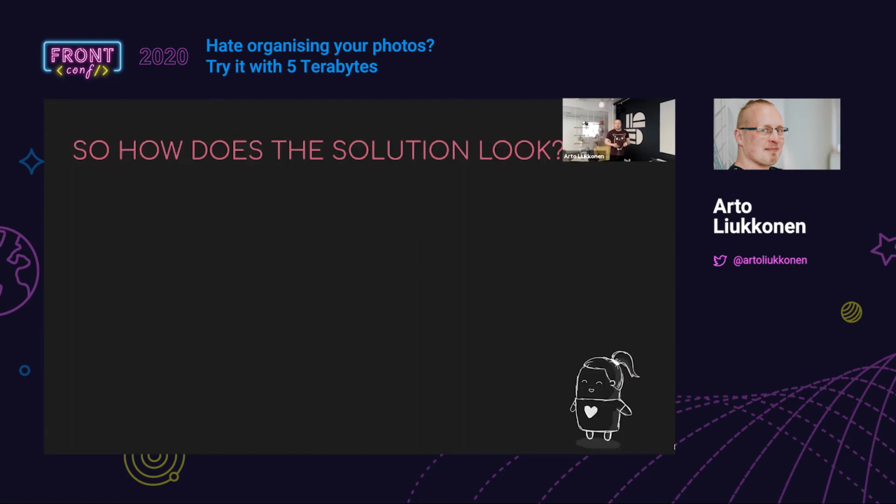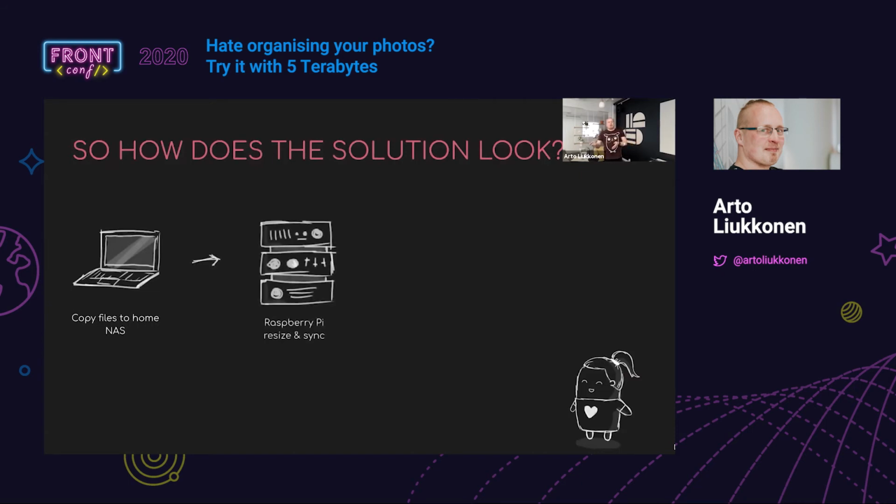So now, how the solution looks. We copy the files on a network drive at home. Then the Raspberry Pi is handling the resizing and syncing of the photos. Then we have the recognition, a Lambda function and DynamoDB in the background.